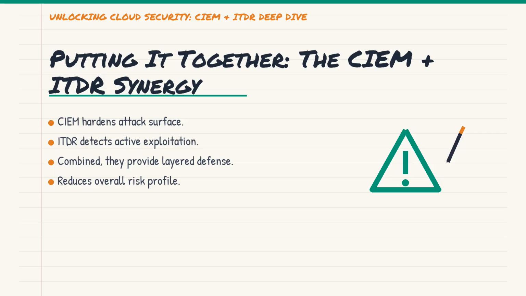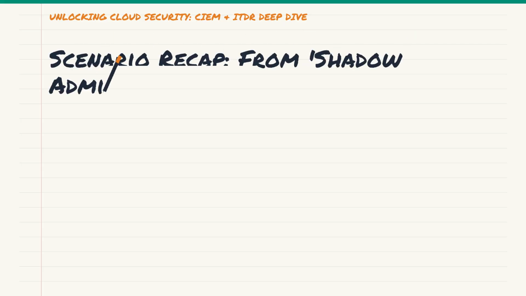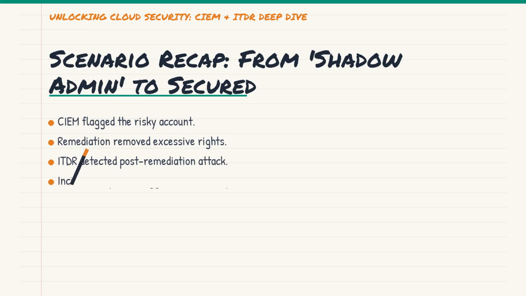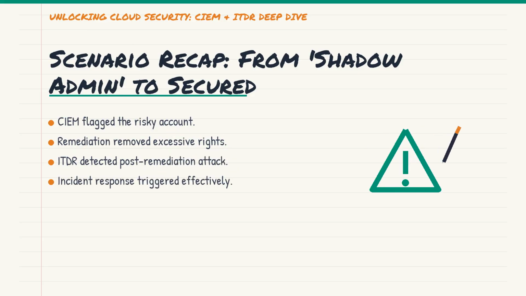That's synergy. Let's revisit our Azure Shadow Admin example. The SIEM tool flagged SVC_reporting_01 with global admin rights and no activity. The analyst revokes those rights. But what if the attacker had already noticed this account and was planning to use it?